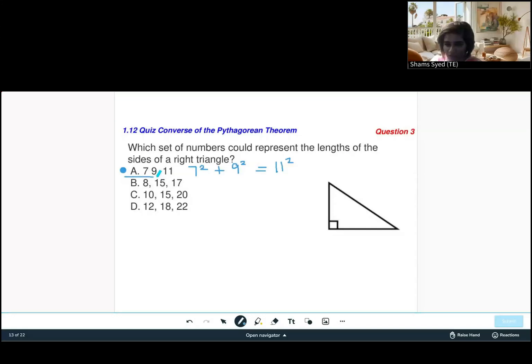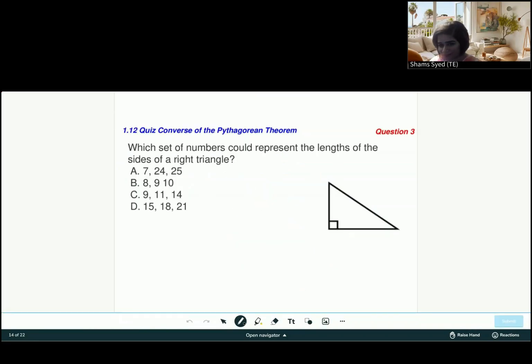You all see that? Because the two sides are equal. Does anybody have any questions? Does it make sense? Yes? Let's move on to the third variety.